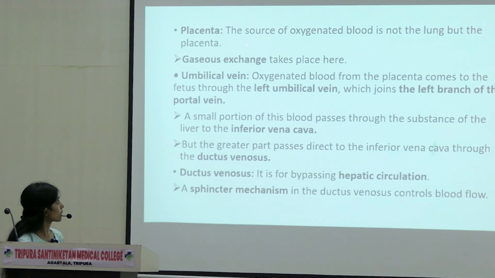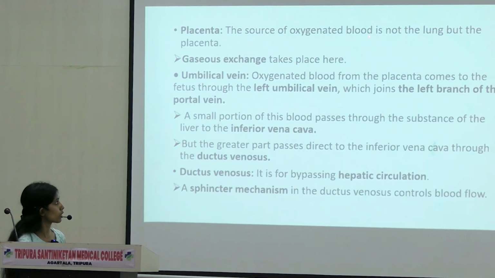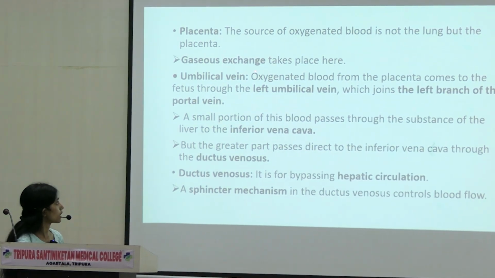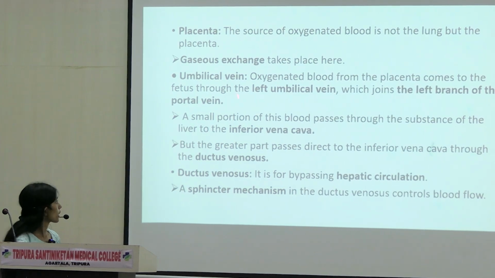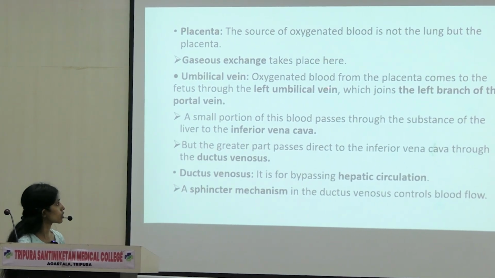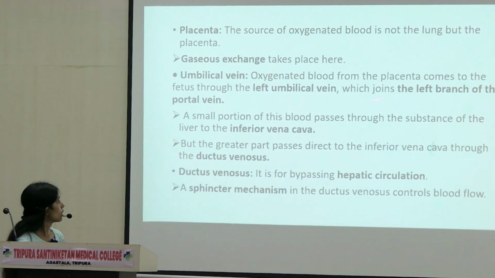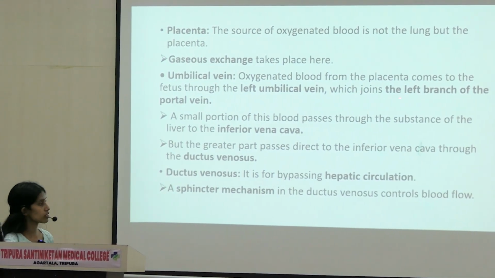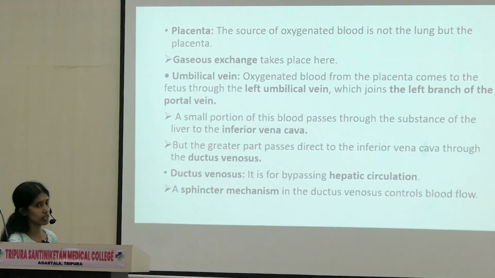We have the placenta. It is the source of oxygenated blood, since it is not the lung but the placenta here, and it also helps in the gaseous exchange. Next we have the umbilical vein. Oxygenated blood from the placenta comes to the fetus through the left umbilical vein, which later joins the left branch of the portal vein.